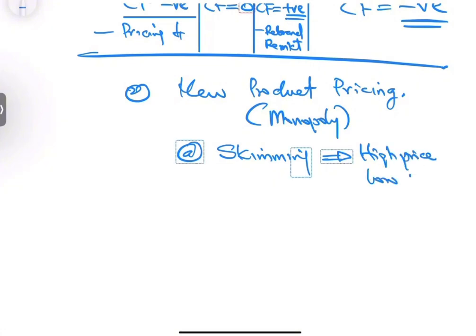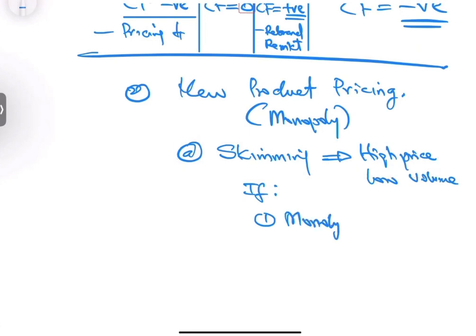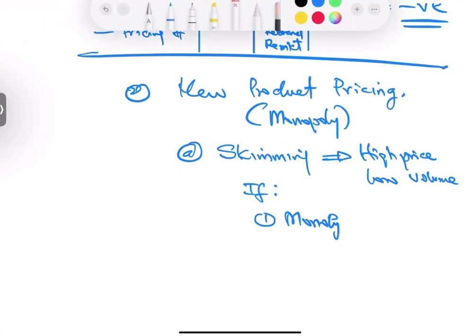low volume. And you can imagine why there will be low volume, because you are targeting a small area of the market. So you do this if, number one, there's monopoly, because if you go and do price skimming in a competitive market, your going concern is gone.